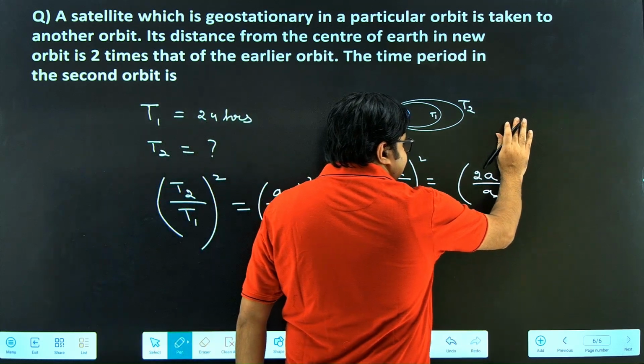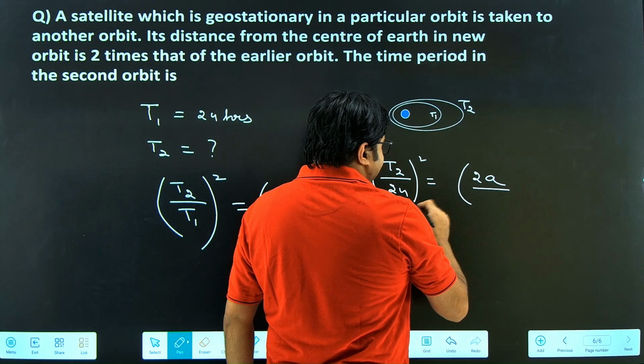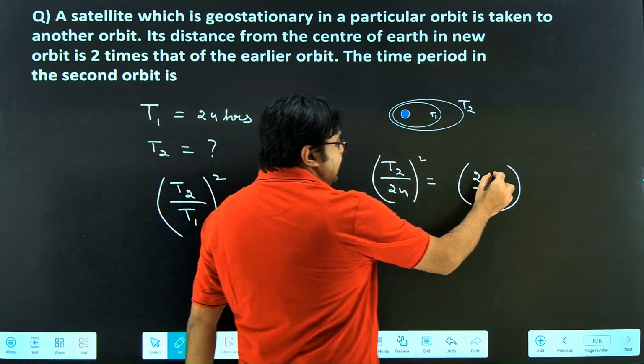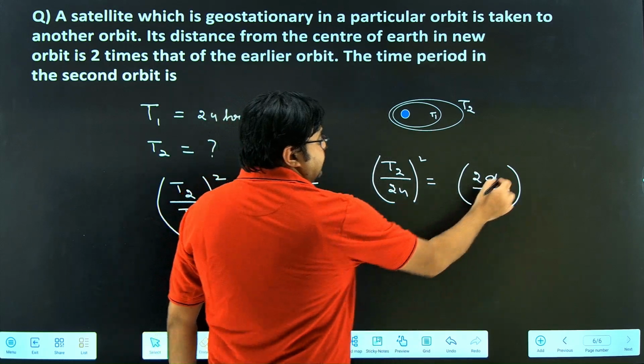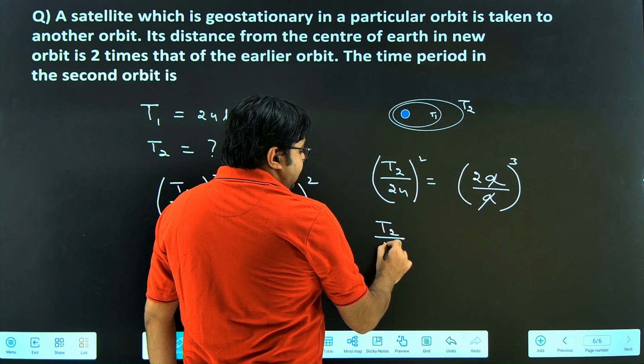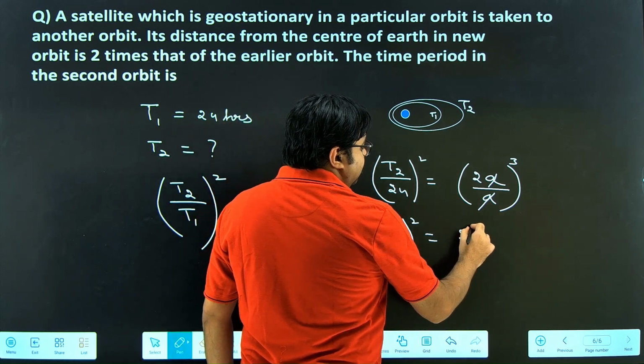So A2 is the final radius, which is twice the initial radius, and A1 is the initial radius, which is just A. You'll see that A and A simply get cancelled. And there is a cube that I forgot to write. Okay, so (T2/24)^2, dear friends, becomes equal to 2 cubed.